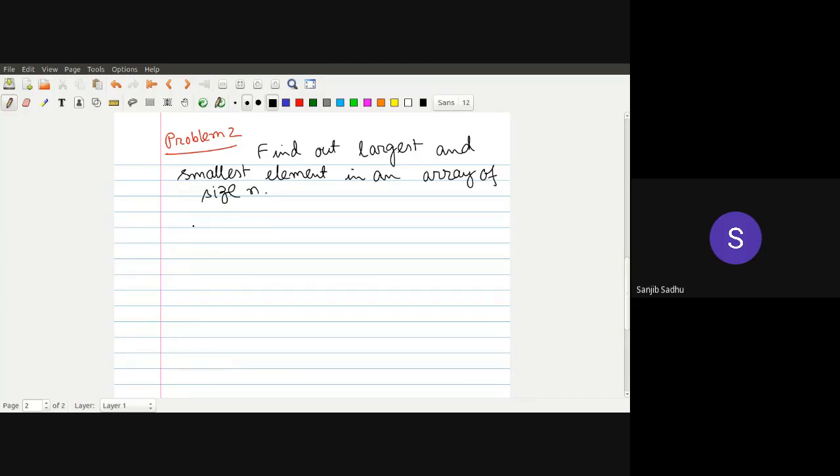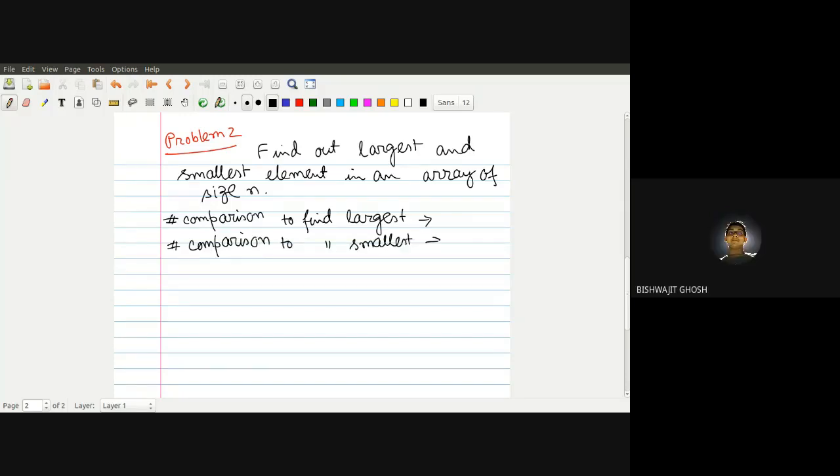So now tell me how many comparisons to find the largest? It will be how much? Tell me. Sir, n minus 1 again.